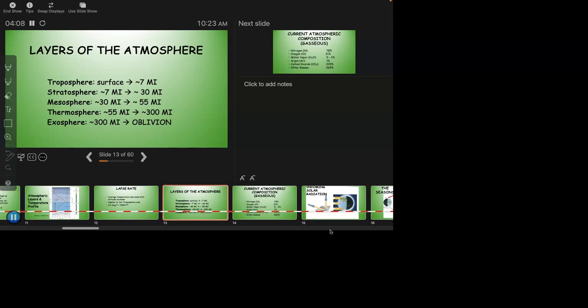Please don't cram all these into your head. So these are the layers of the atmosphere in order. Troposphere is at the bottom, stratosphere, mesosphere, the thermosphere, and exosphere, which did not show up on the previous diagram. Exosphere is essentially space.